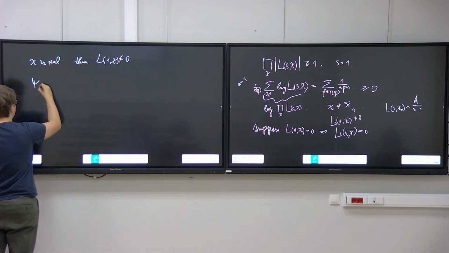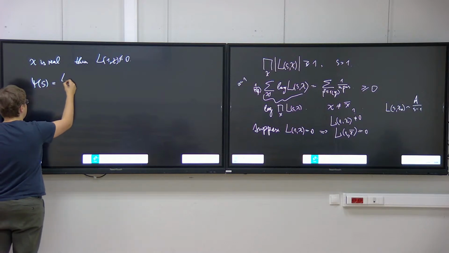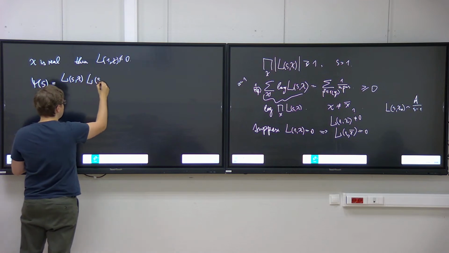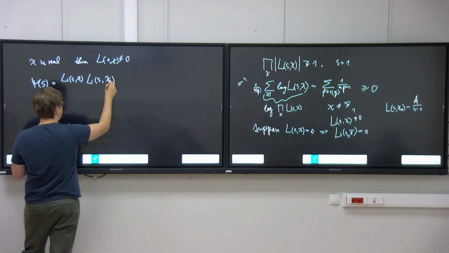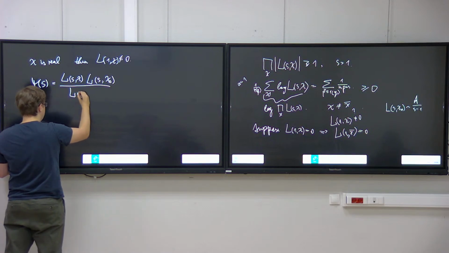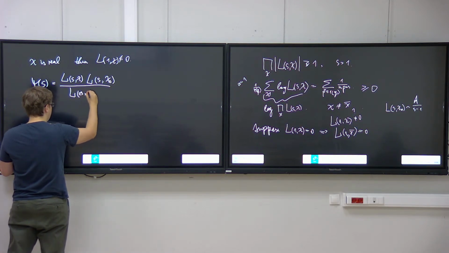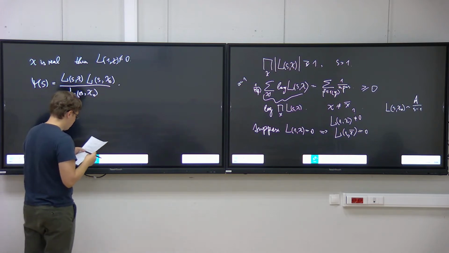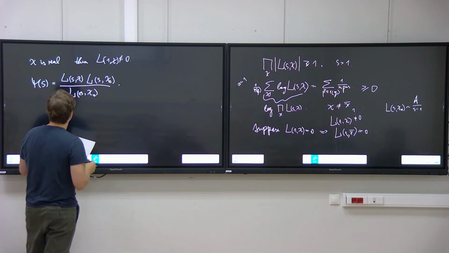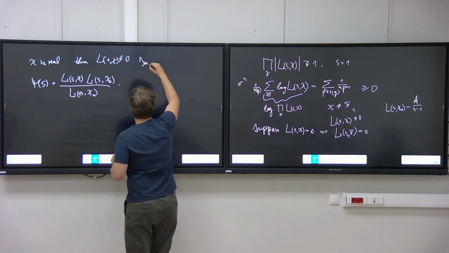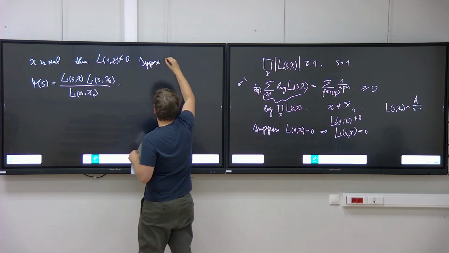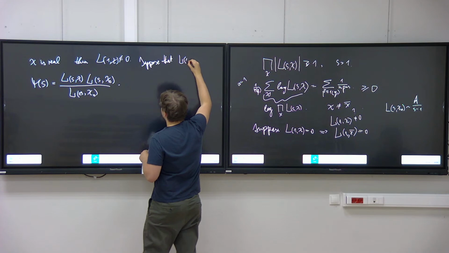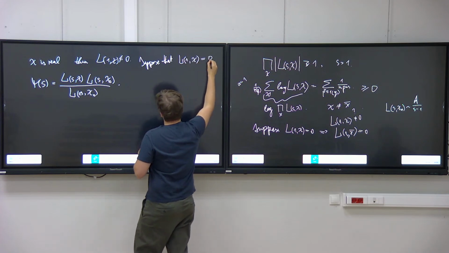Let us consider psi of s, it is L of s, chi 0, this is principal, over L of 2s, chi 0. And suppose that L at 1 is 0. Okay? I mean, we want a contradiction.